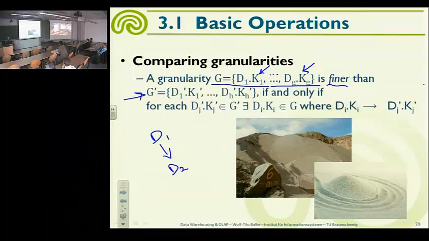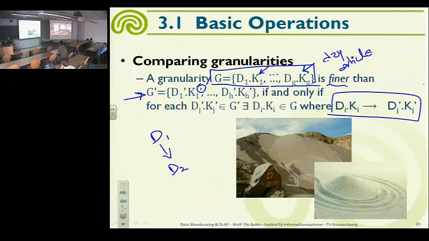So, this is the mathematical term. If you have granularity G, and we're assuming this is the finer one, so for instance this could be the day, or the article, and you have another dimension, and you want to test whether the first dimension indeed has a finer granularity, then the second granularity, denoted here by the accents, must be a function of the first, so its values are derived from it or depend on it.